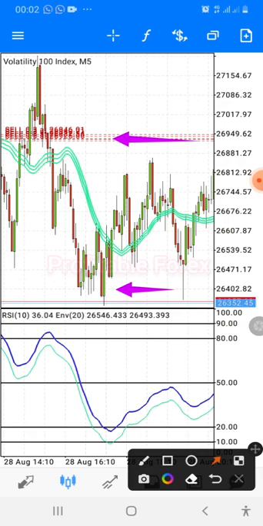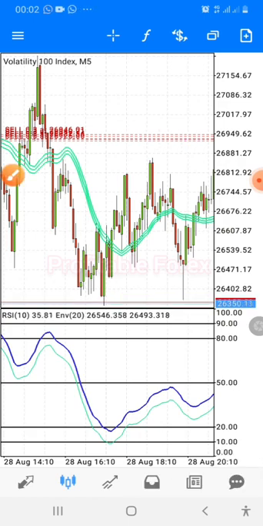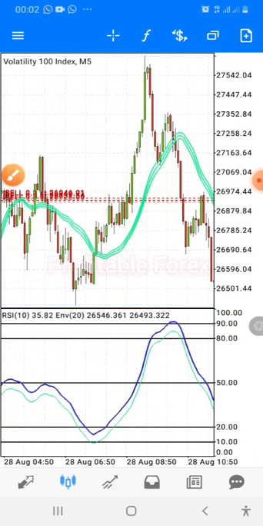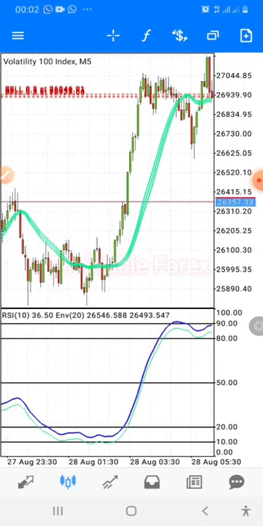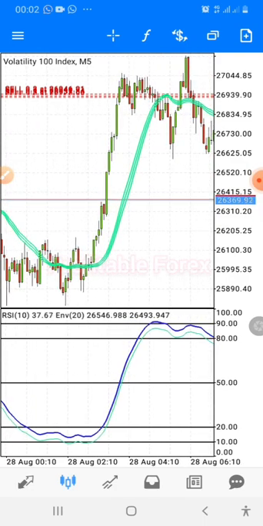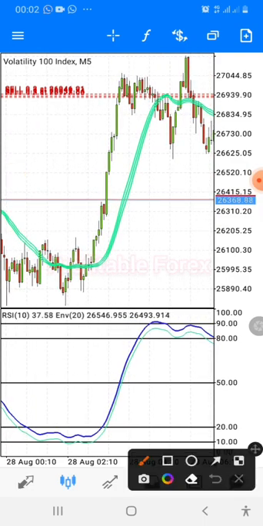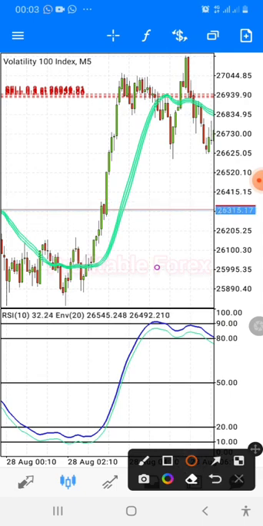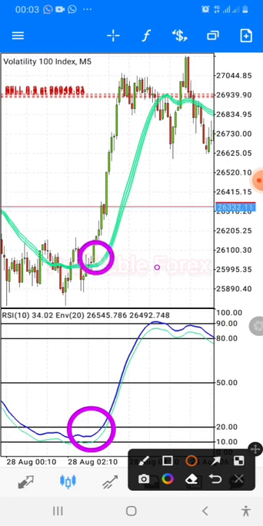There's no need beating around the bush, and this is how the strategy works. So you can go ahead and backtest your charts. You can see the condition was met here in volatility 100. So you can see the condition was met here. Okay, and you can see the condition was also met here.